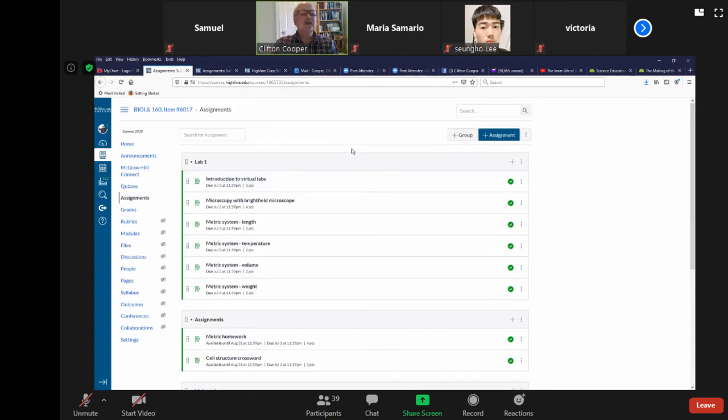Okay, so this is what I have for the section 6017, and here's the section 6019. Those are the sections with the Tuesday lab versus Thursday lab. As for the syllabus, it should be right at the top of home.